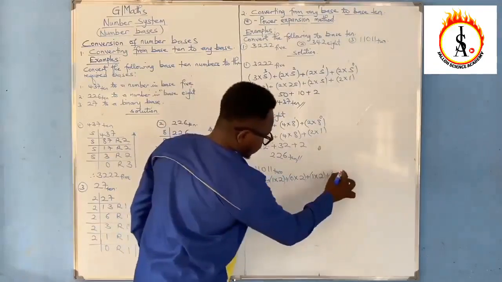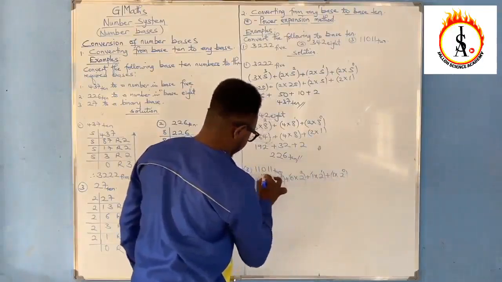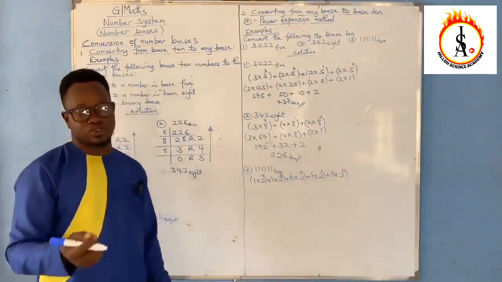So this gets power 0, this gets power 1, this gets power 2, power 3, and power 4. 2 to power 4 means 2 times 2 times 2 times 2.